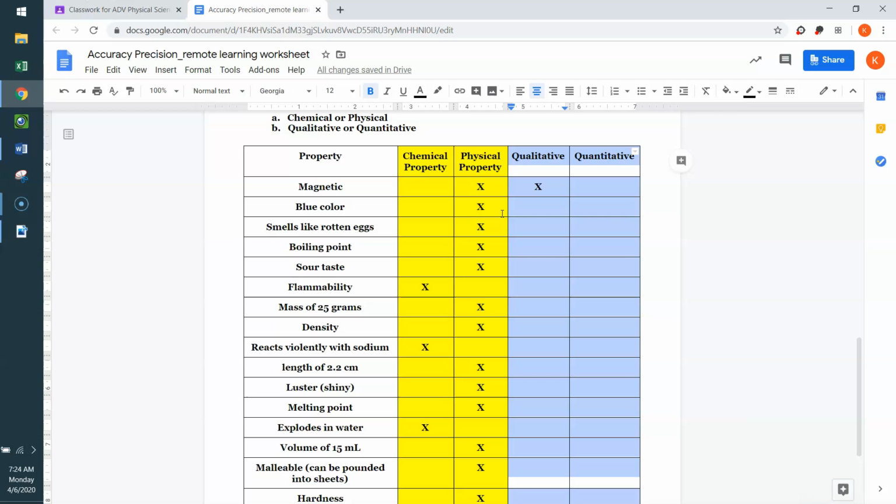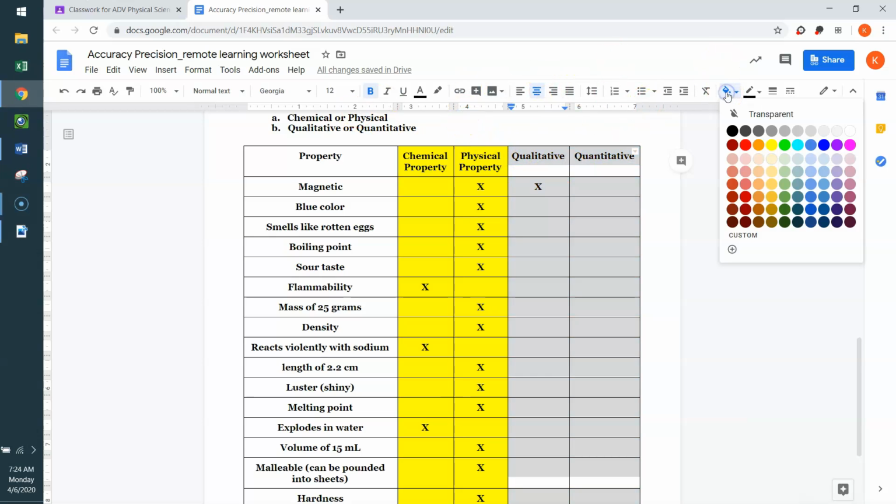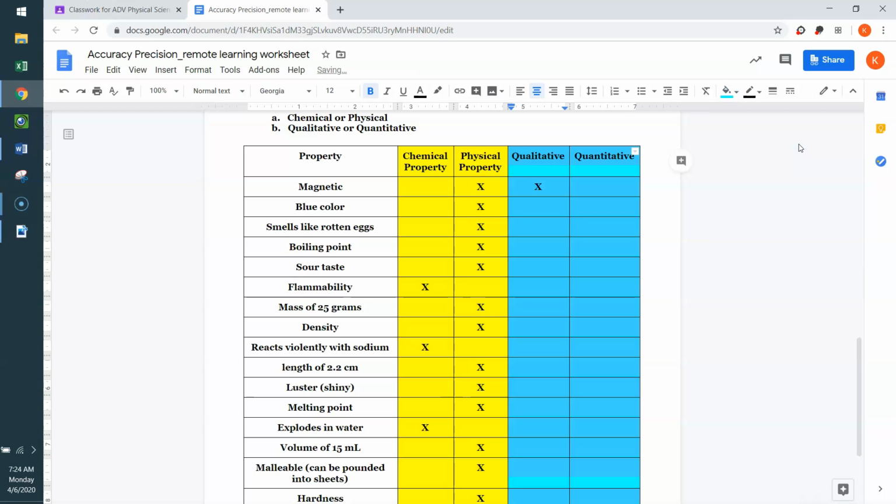It's a number reference. So I like differentiation between the columns, and so I'm going to make that one there blue. Okay. You can see that there's no numerical values with magnetism. You either are magnetic or you're not. And so that is qualitative, a blue color, qualitative, smelling, qualitative.